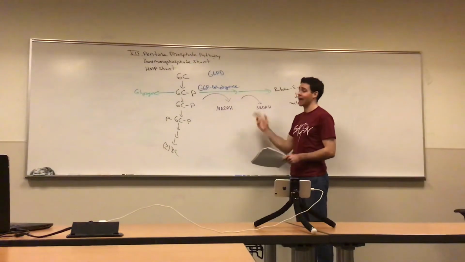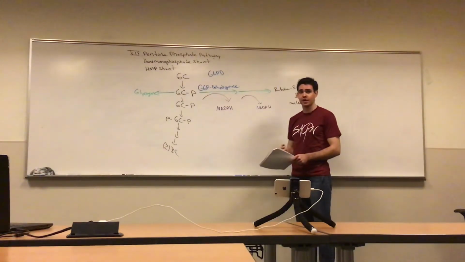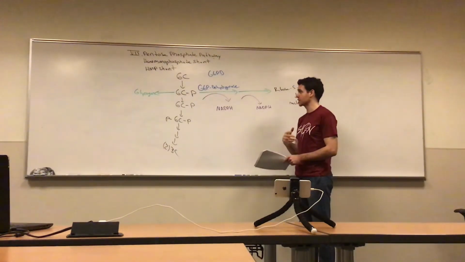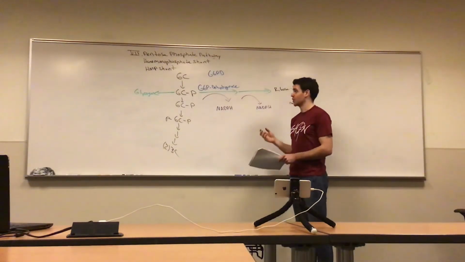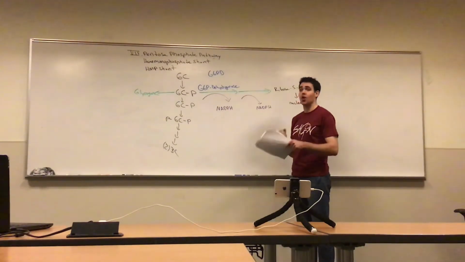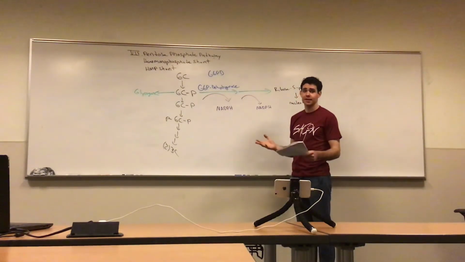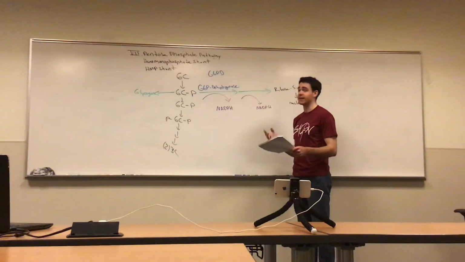And if someone has this and they take certain drugs, certain cancer drugs, sulfa drugs, they'll get what's called a hemolytic crisis. Those drugs can be oxidizing, and all the red blood cells in the body will lyse.